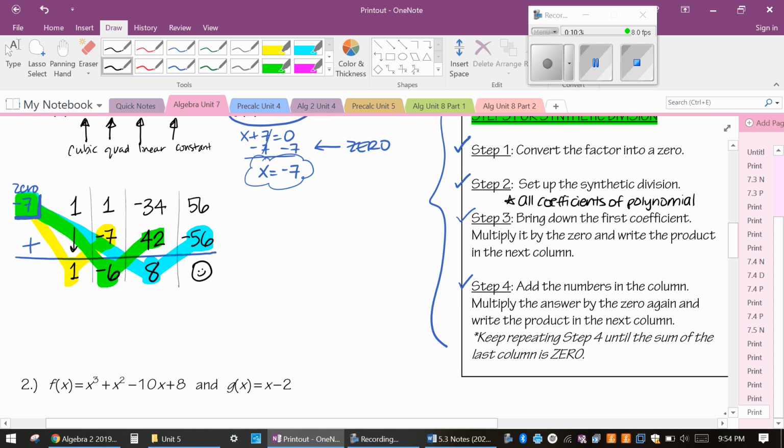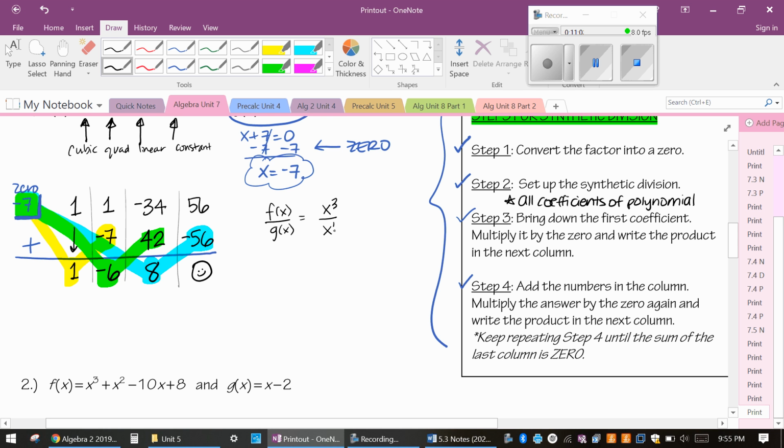With synthetic division, for the problems we're going to do this year, your last column should add to 0. Now, remember, we are dividing f of x by g of x. The highest exponent for f of x was x cubed. The highest exponent for g of x was x to the first power.